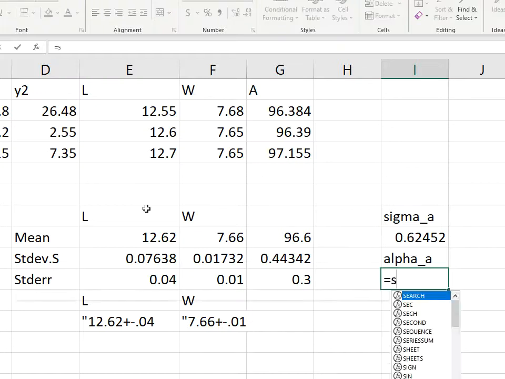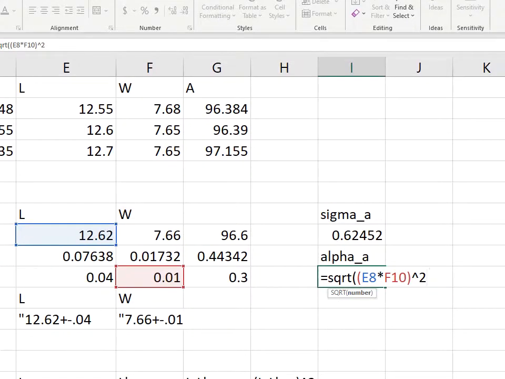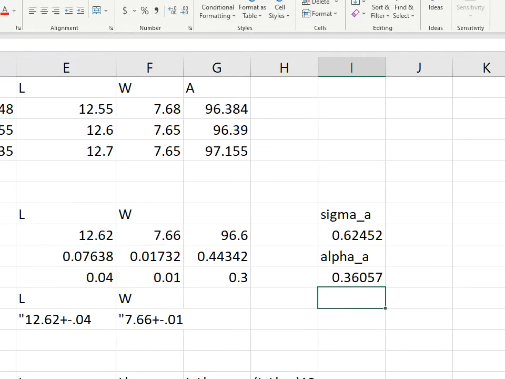So it equals the square root of the quantity: length times the standard error of the width, quantity squared, plus width times the standard error of the length, quantity squared, and that gives us 0.36057.